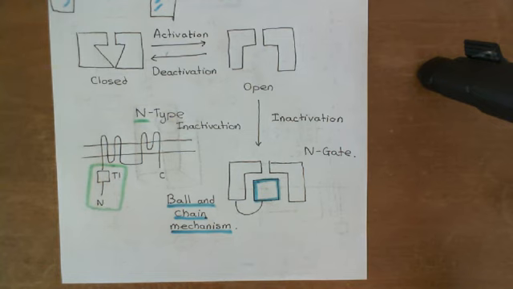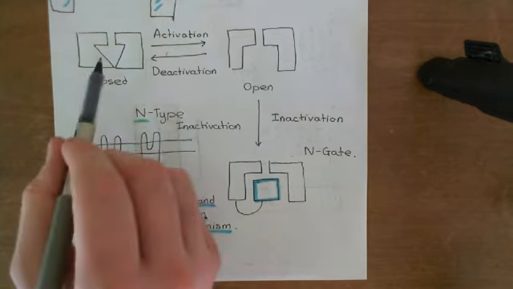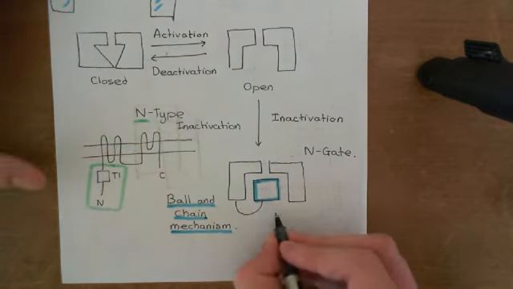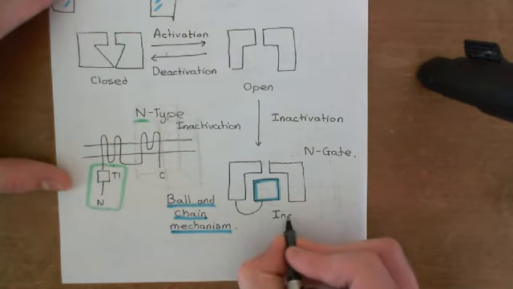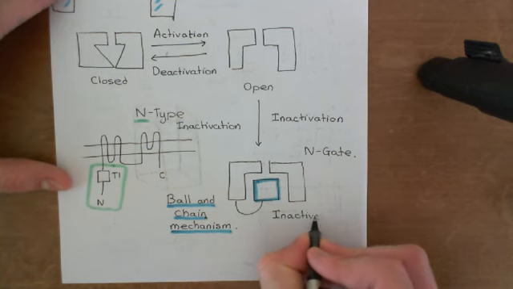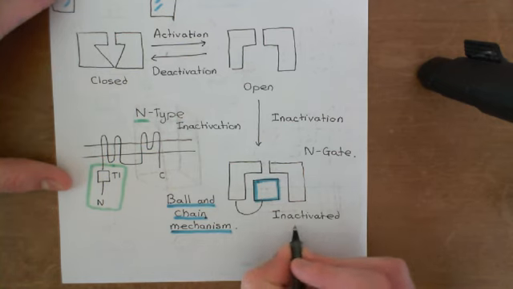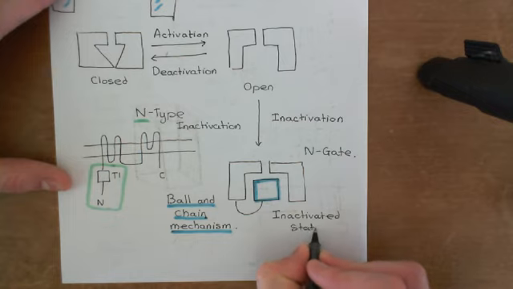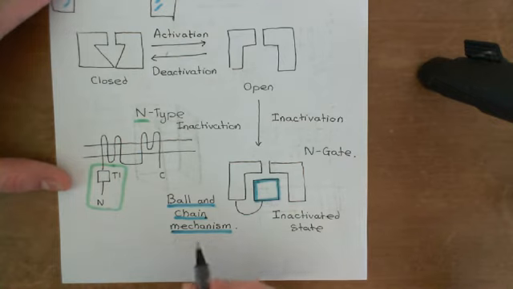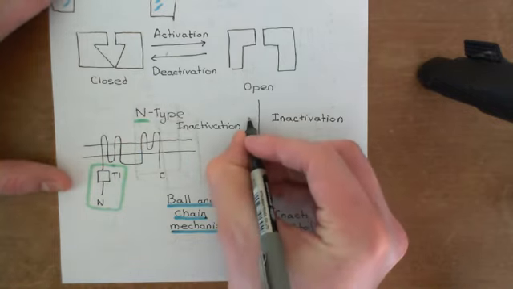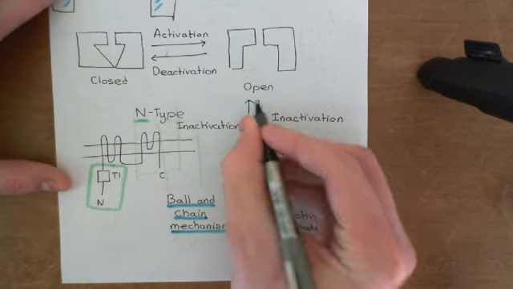Now, if you then repolarize the electrical potential difference across the cell membrane, what you want to do is go back from being in this inactivated state here. This is not called a closed state, this is an inactivated state. You want to go back from being in the inactivated state to being in the closed state. Well, the first thing that has to happen is you have to temporarily go back to being in the open state.